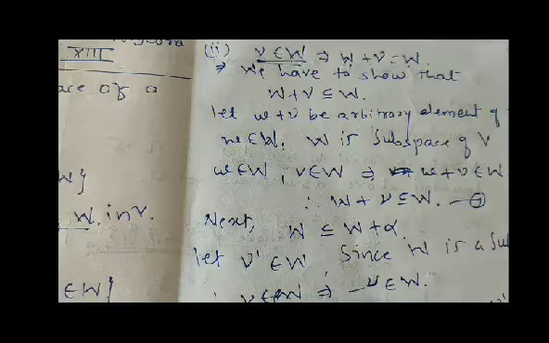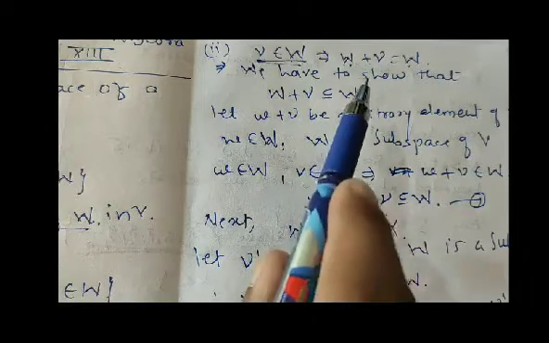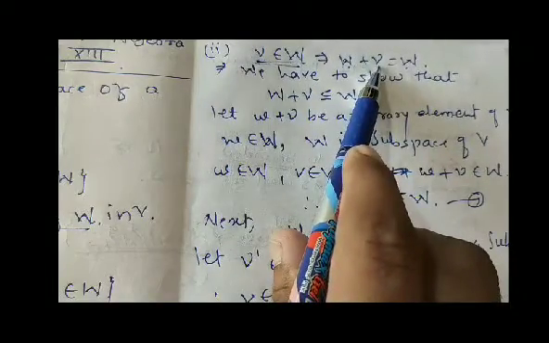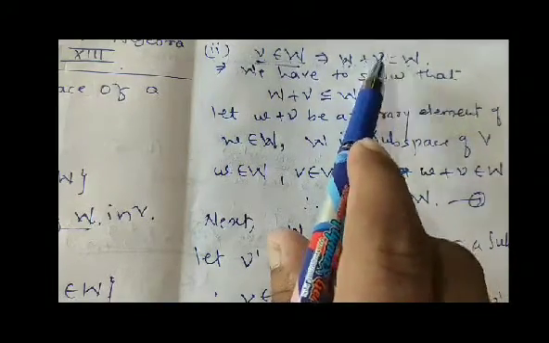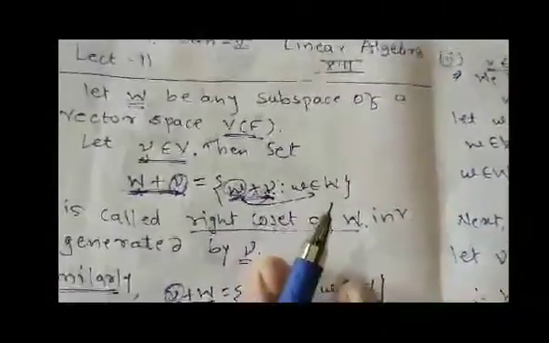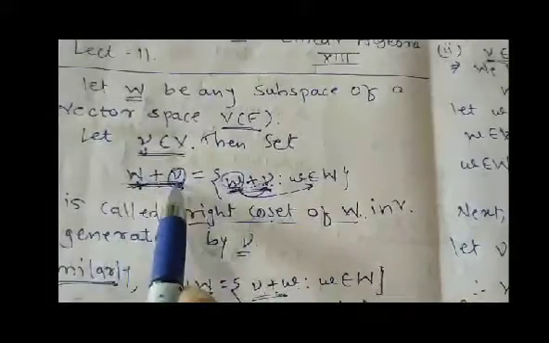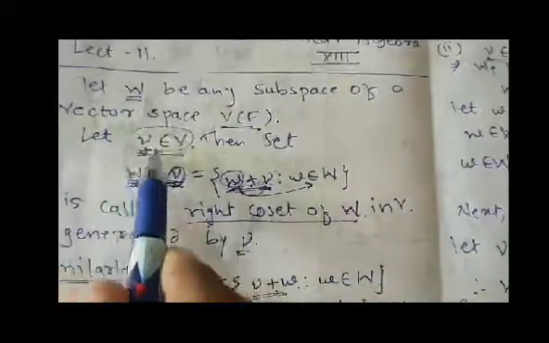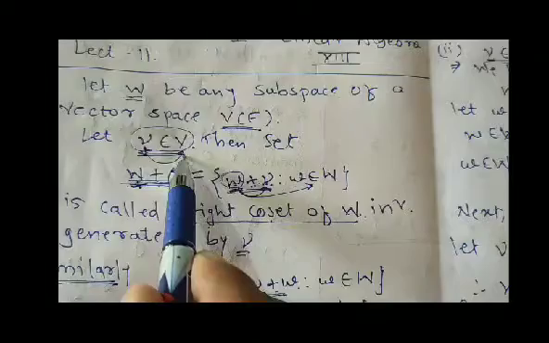That means if we take any element of that subspace, then it forms W again. In the definition of the right coset or left coset, we mention that this nu belongs to V. See here, in the definition, in the left or right coset, we mention that this nu belongs to capital V.